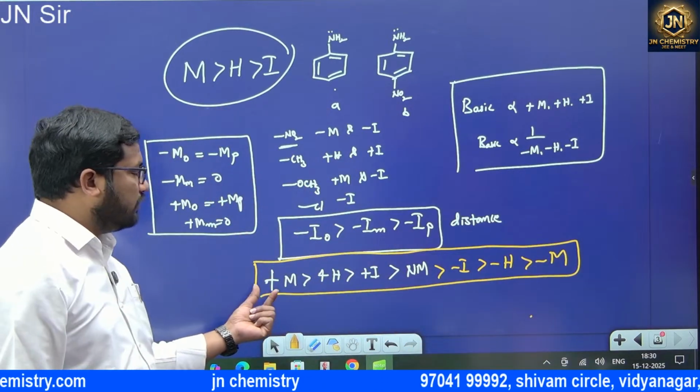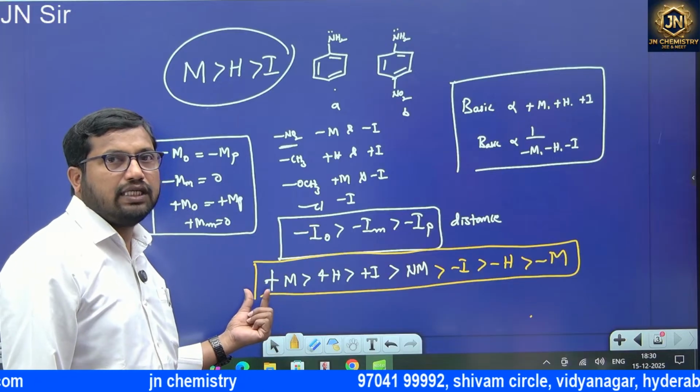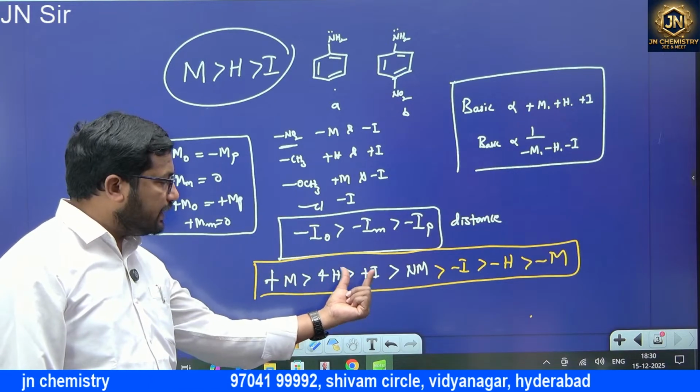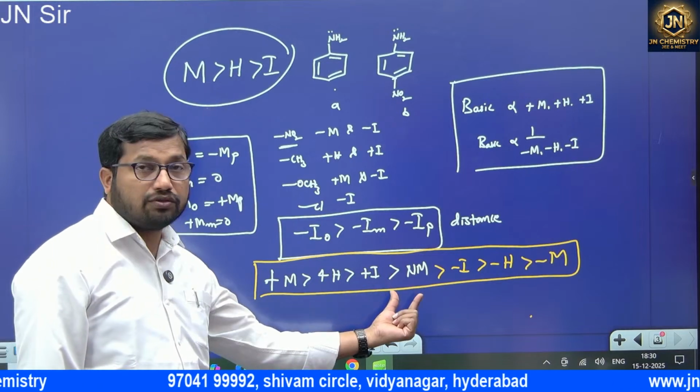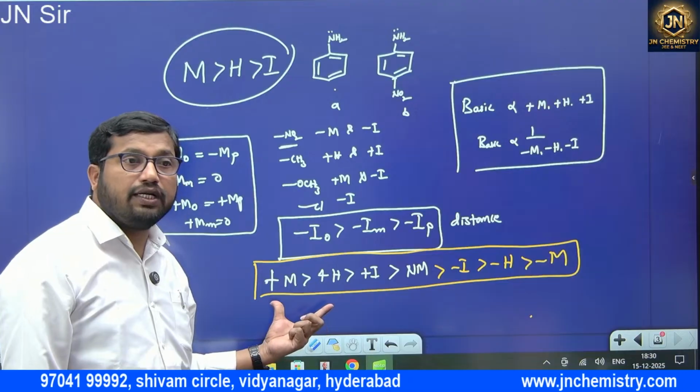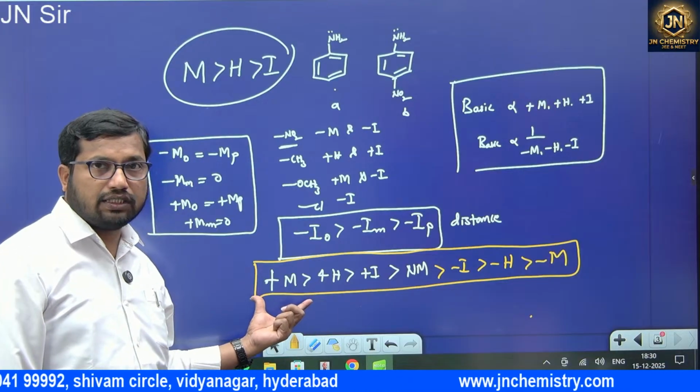When a plus M group is there, we need to give it more priority. Then plus H, then plus I, then neutral molecule. These three plus groups are donating groups.